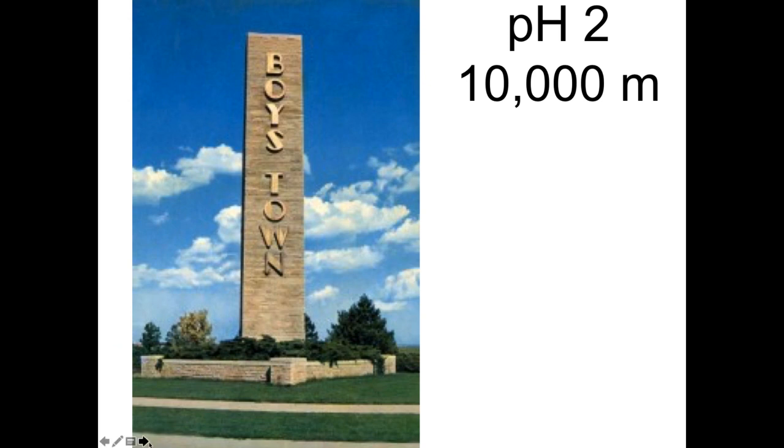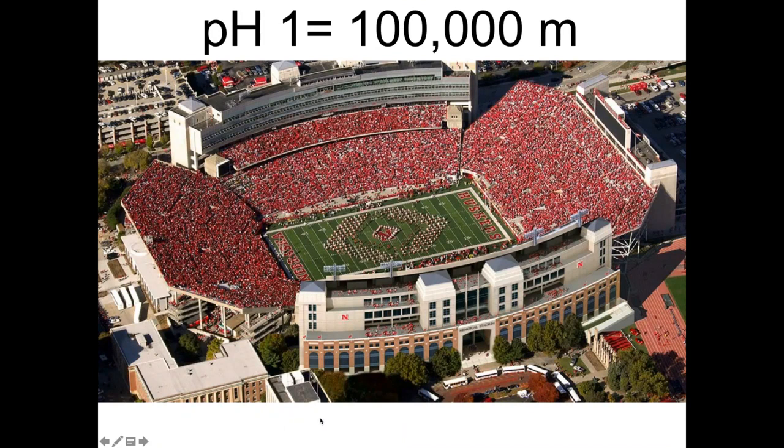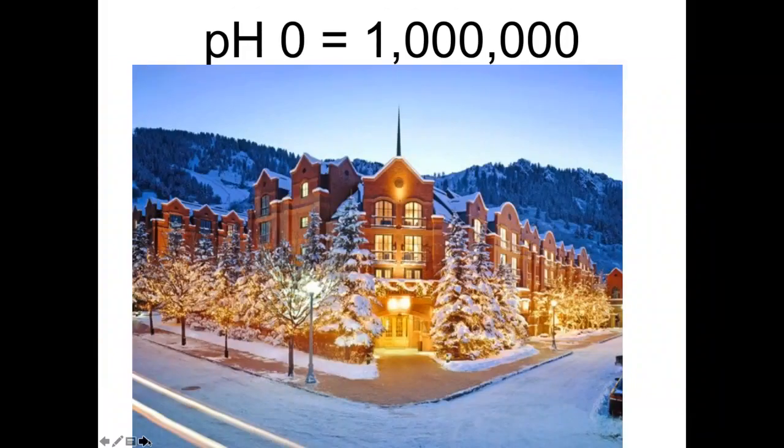A pH of 1 will put you roughly into Lincoln, Nebraska, so I posted a picture here of the Nebraska Stadium on game day. pH 0 would be 1 million meters away, and that would put you into Aspen, Colorado.